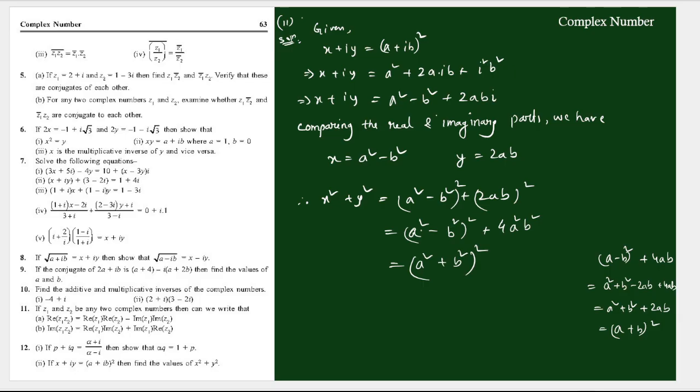Then next class we will do the conceptual part. Then after that we will proceed to exercise 2.3.